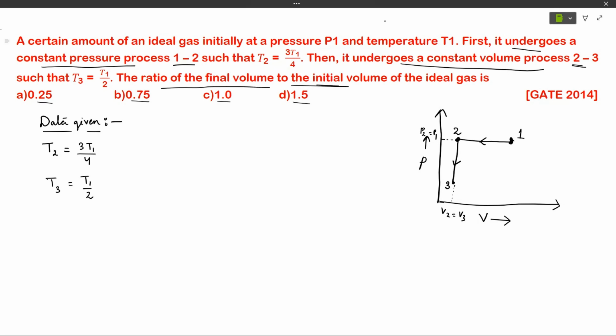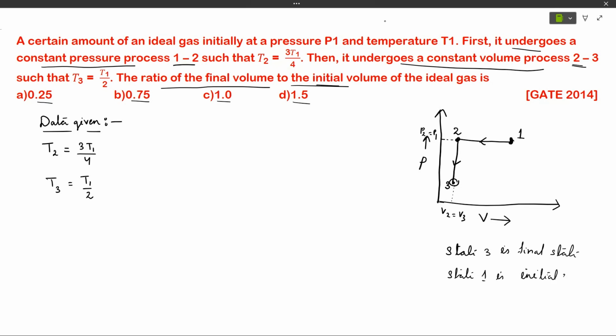So here it is clearly visible from this coordinate diagram that this state 3 is the final state and state 1 is the initial state.